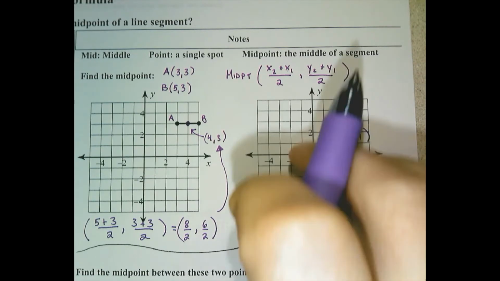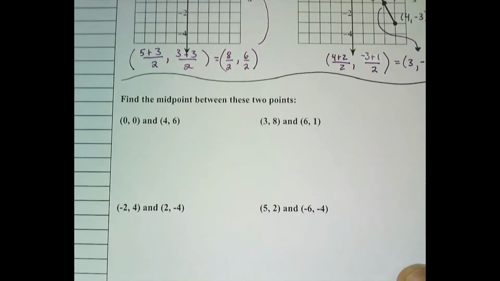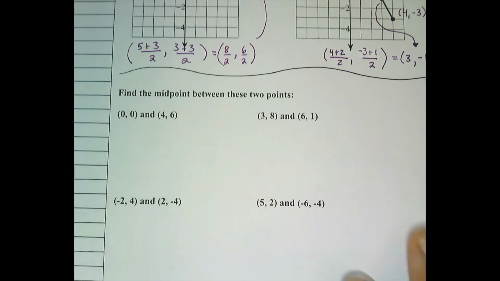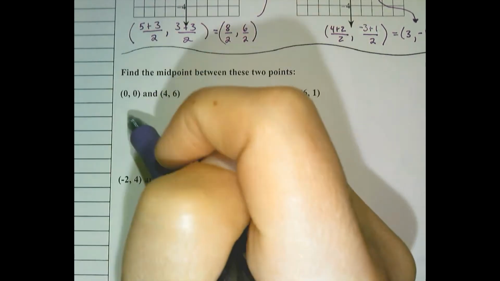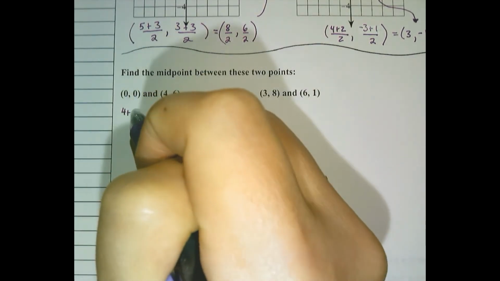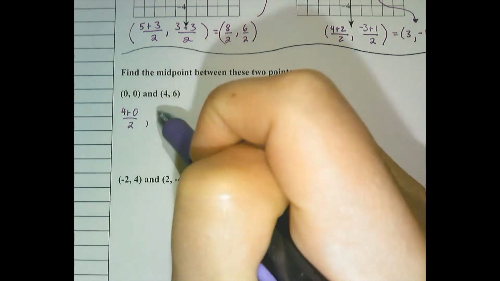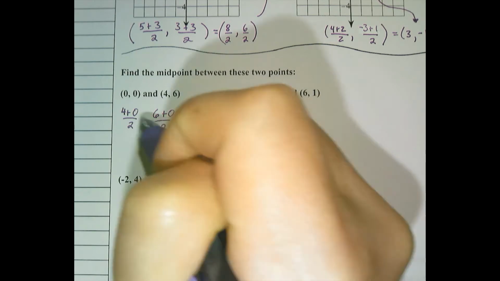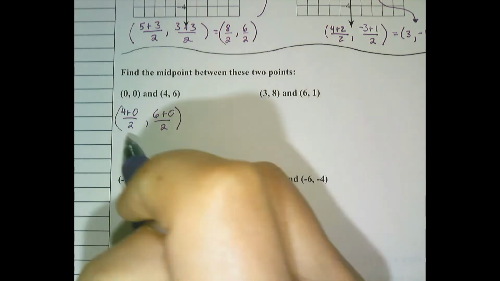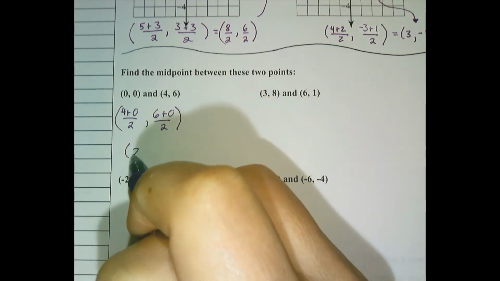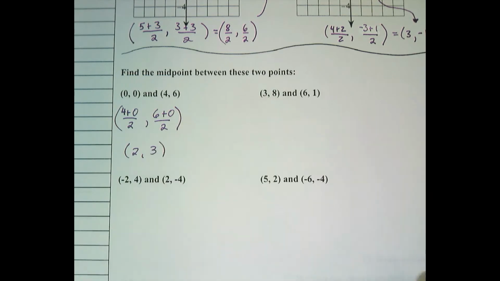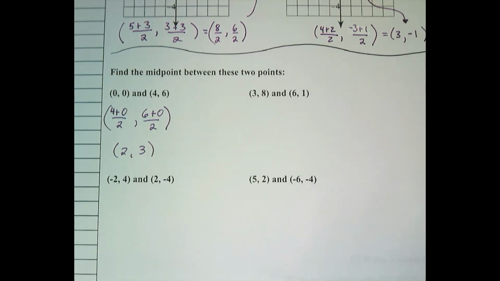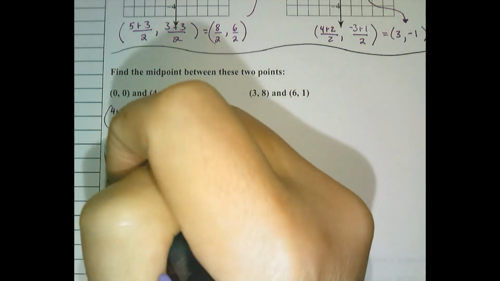Okay, you don't have to have the graph. You can execute these midpoints simply by knowing the coordinates. So here we go. Let's average the x values, 4 plus 0 over 2, and average the y values, 6 plus 0 over 2. And that would be 2, 3. Pretty straightforward.